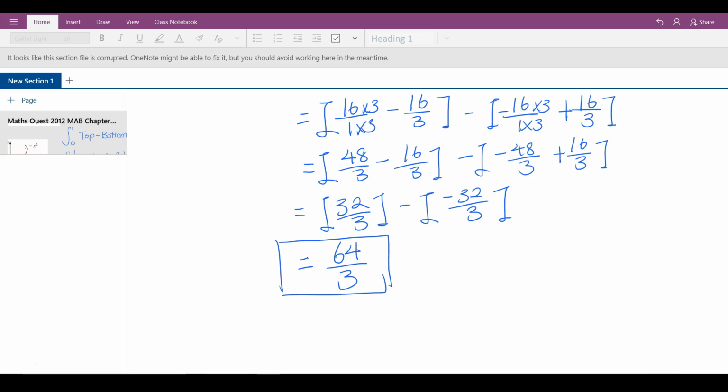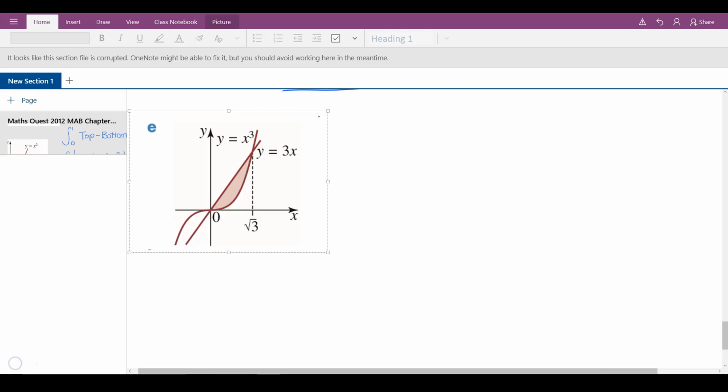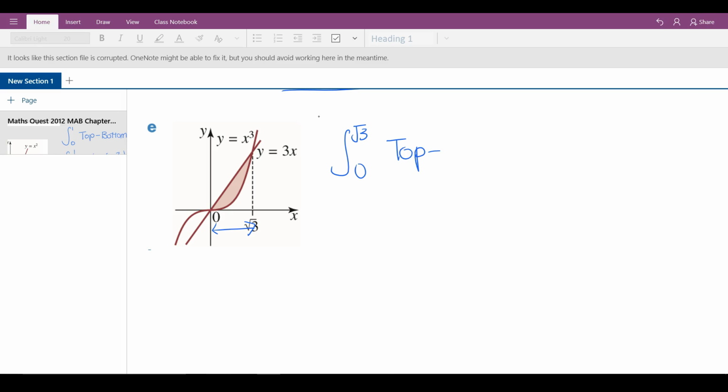Okay, let's move on. Question E. We've got two functions again. So we're looking for from 0 to root 3, so we're integrating from 0 to root 3. It's always top minus the bottom, and integrate with respect to x. So which one's our top?